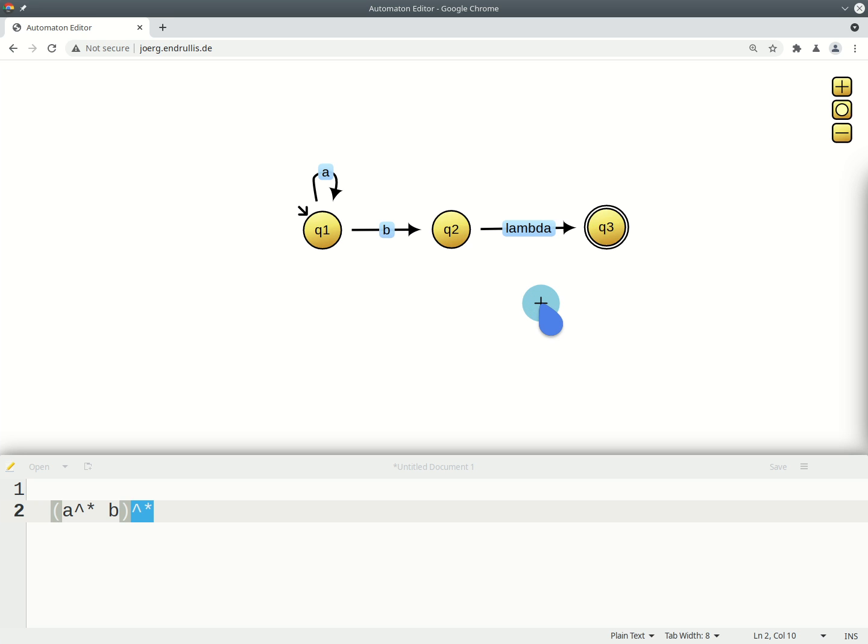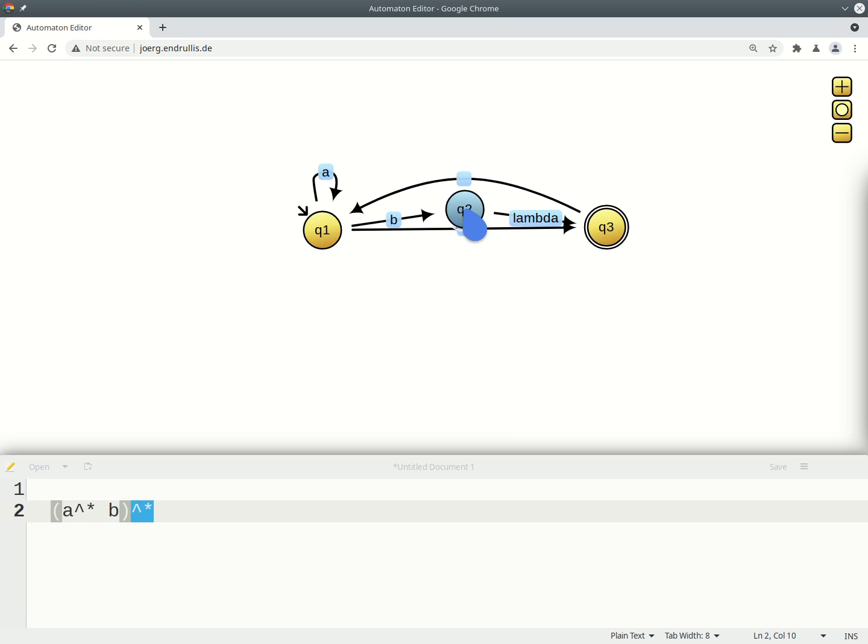And we now also need lambda transitions from this fresh final state to the starting state and from the starting state to this fresh final state. Let's do that. We add lambda transitions here, like this, and we need one more here.